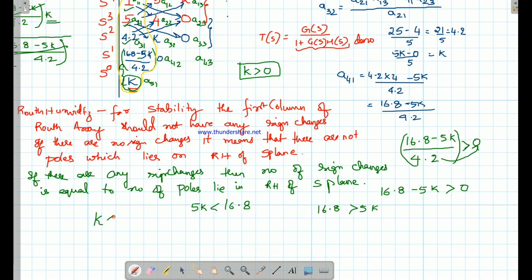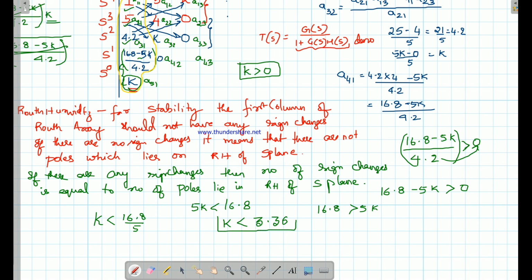So therefore the final value of k would be k should be less than 16.8 divided by 5. So we get k should be less than... 5 3s are 15, 16.8 minus 15 is 1.8, so 5 3s are 15 again, 5 6s are 30. So I think we get 3.36.